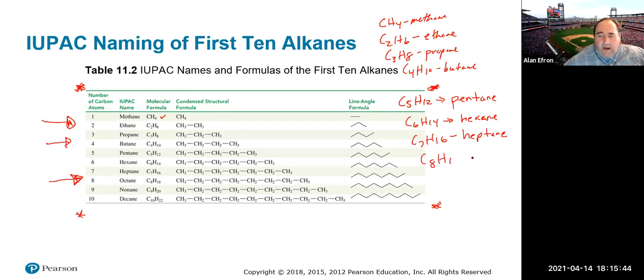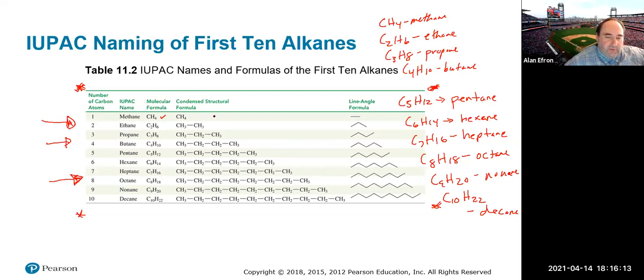C8H18, octa, so octane, like gas. C9H20, which would be nonane, ANE. And C10H22 would be decane, like deca, for 10. Really important to know how many carbons, hydrogens there is. These 10 names, again, everything based off of it.